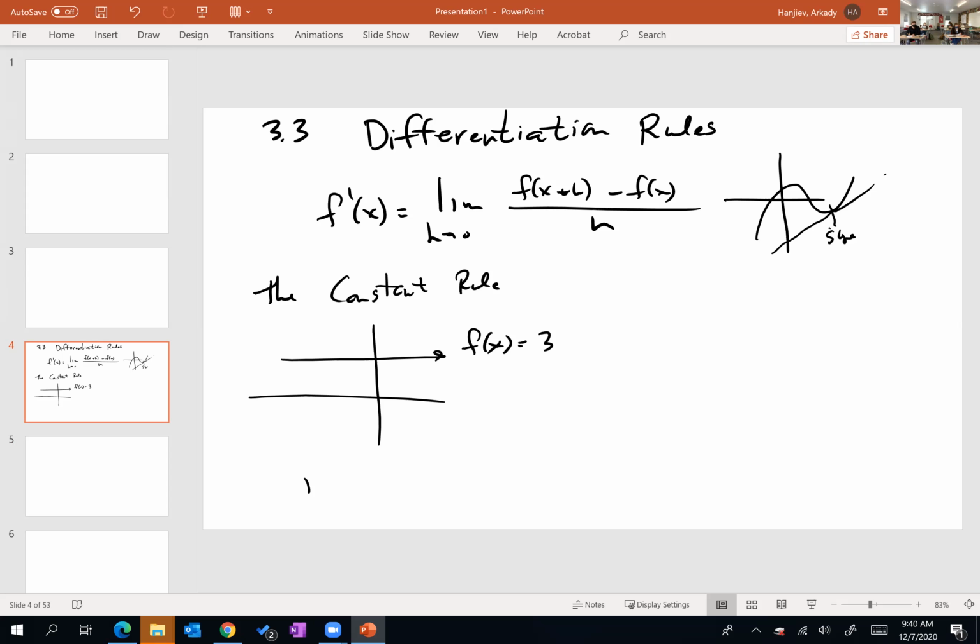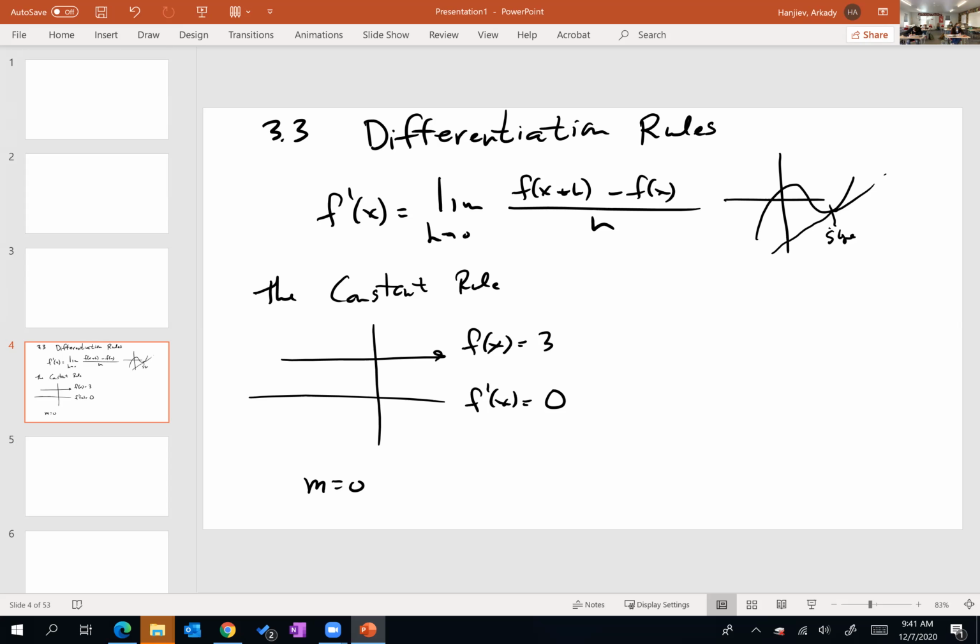It's 0, yeah. m is equal to 0. And remember, the slope is the same thing as the derivative. So tell me if you agree or disagree: that means the derivative of this should be 0. Agreed? Yeah, I think that's pretty cool.